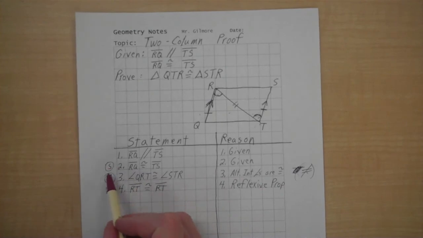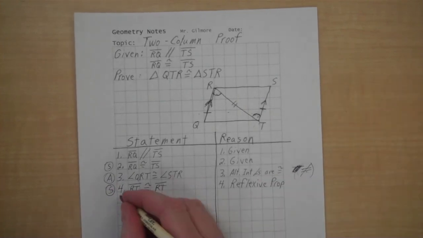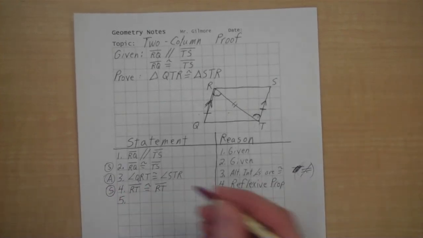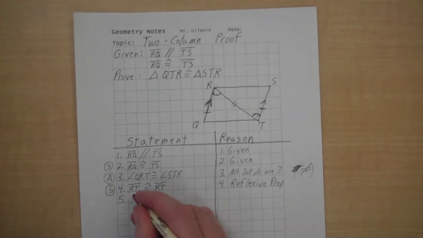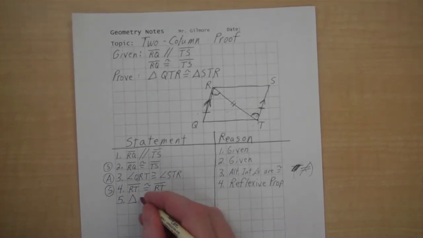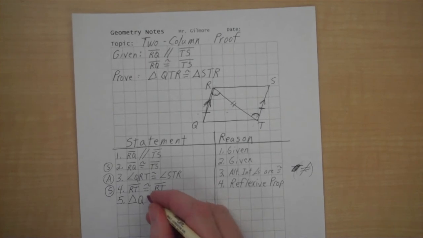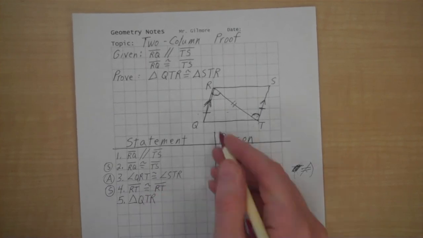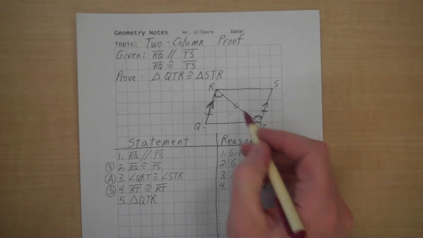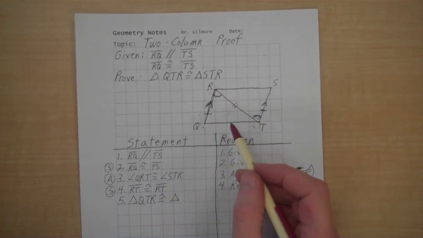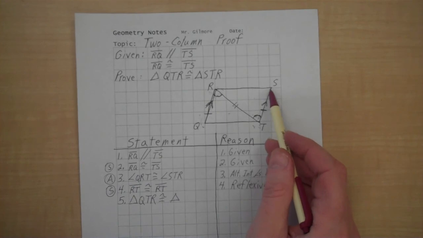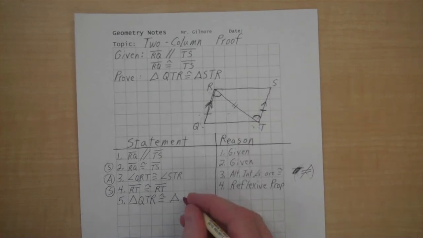And if you'll look, I mark when I have congruent sides, I'll just put an S, or congruent angles, I'll put an A. When I have that, what I have is the postulate that we talked about earlier, triangle QTR is congruent to triangle STR.